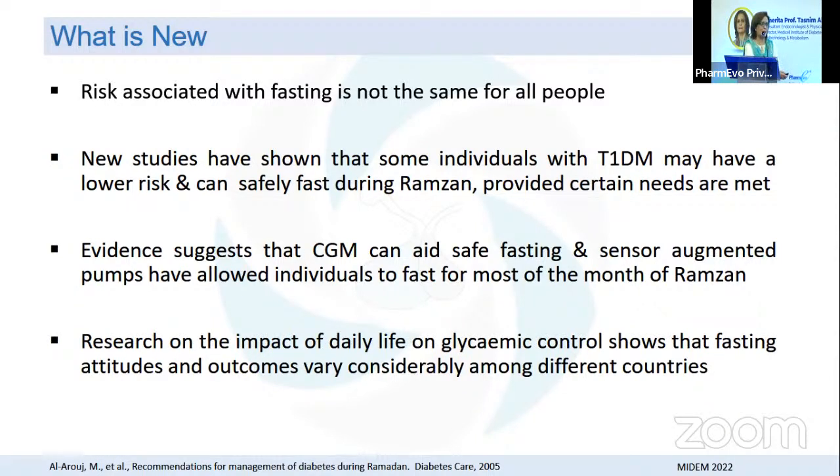There are some studies from India and some from Bangladesh, but most of them have been done in countries like the Arab Emirates, Kuwait and Bahrain, where the healthcare systems are very strong and very well developed. So the entire support network for a type 1 diabetes patient is there. The education is there, the helplines are there, everything is there.